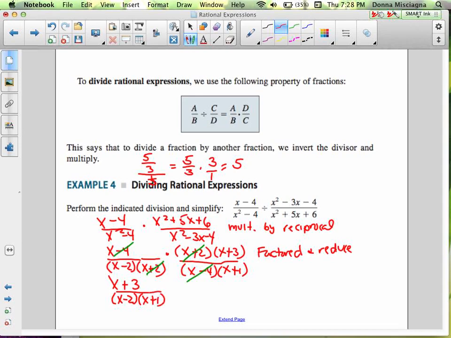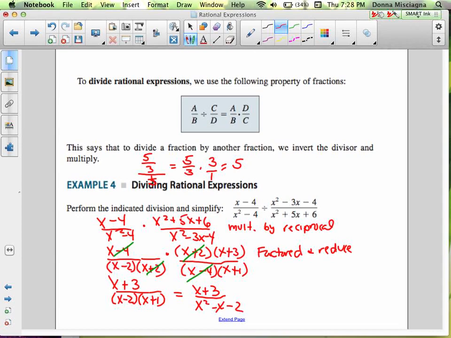Since it's a 2 by 2, one binomial times another, we can just mentally use FOIL and not have any problem here. So that would be x plus 3, of course, in the numerator, and then x times x is x squared. Outer term is x, inner term is negative 2x, so x plus negative 2x is going to be a negative x, and then negative 2 times 1 is negative 2.